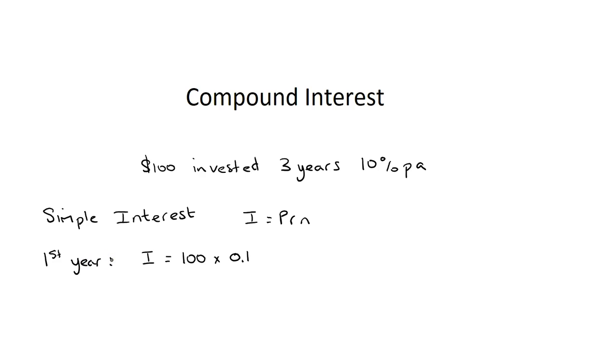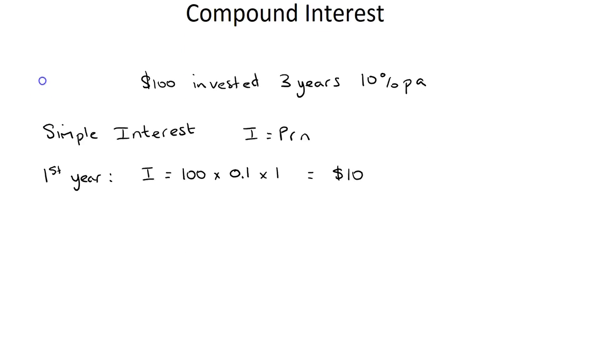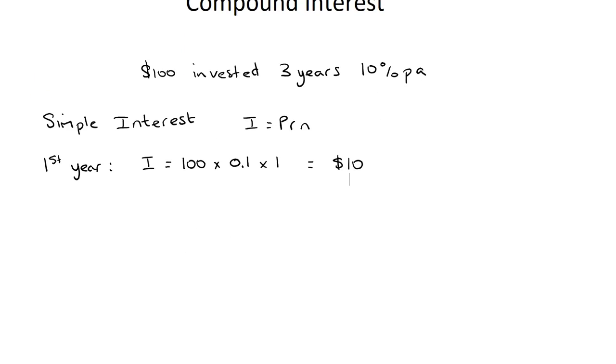So our interest is going to be 100 times 0.1 times 1, which is $10. So at the end of the first year, we have earned $10 interest on our $100 invested.